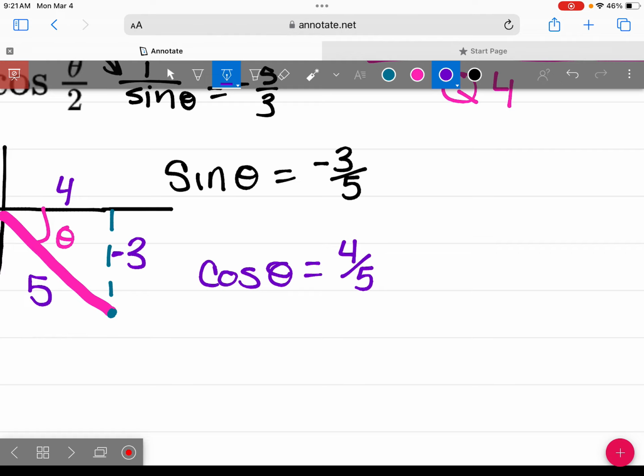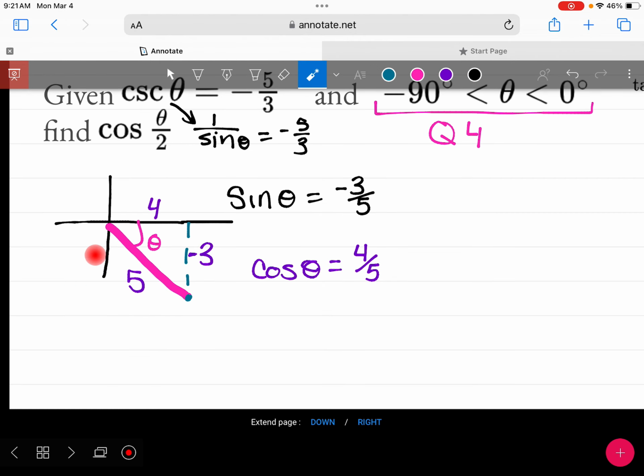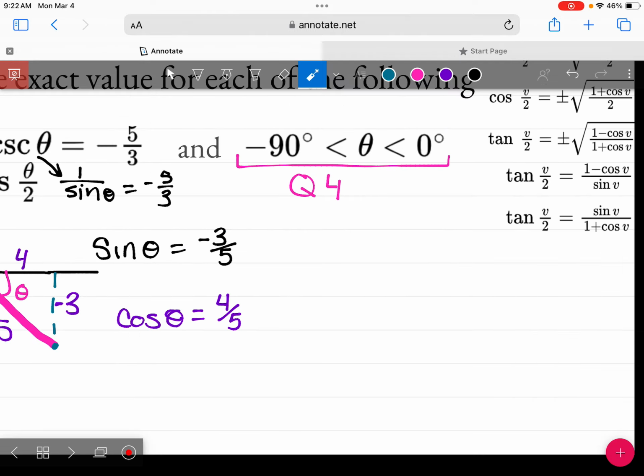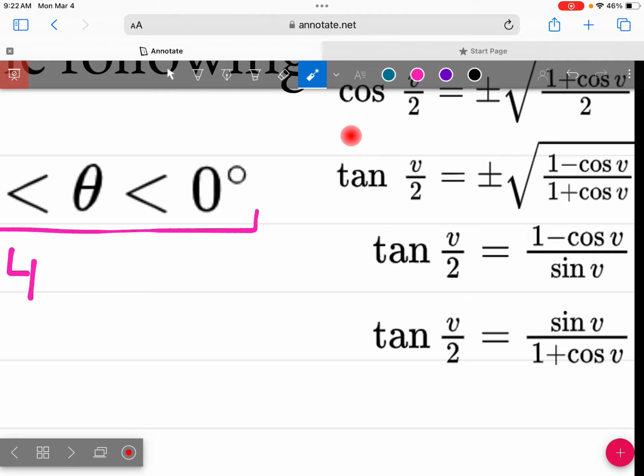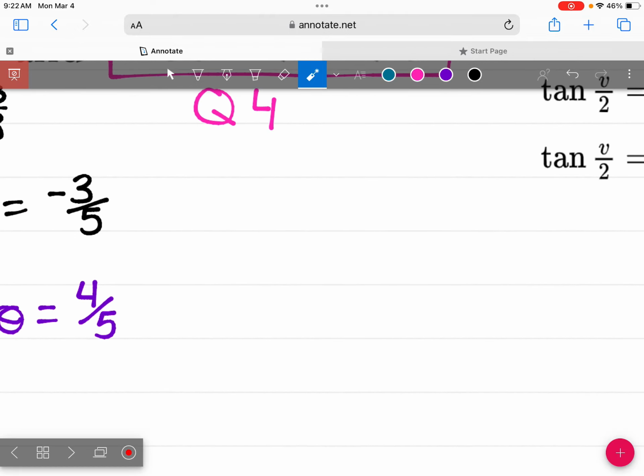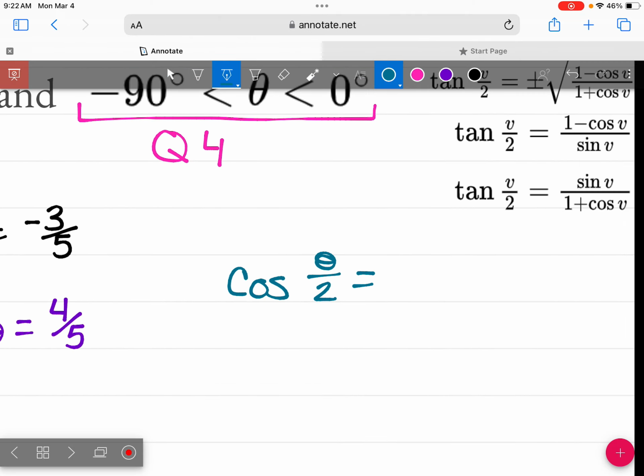4/5. So the whole sketching it out part is so that we can find the piece we need to plug into our formula. So I know the cosine of theta is 4/5. So when I'm trying to find cosine of the half angle, we can substitute that in. So we're going to have cosine of theta/2. Is it going to be positive or negative?